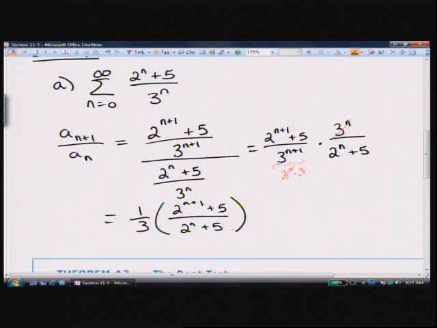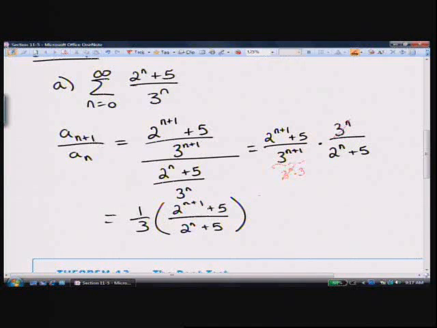What we could do, and this was a strategy when you're considering limits, is to divide by the highest power in the denominator. Remember, divide everything by 2 to the n. That's a legal thing to do, and it's interesting what happens.